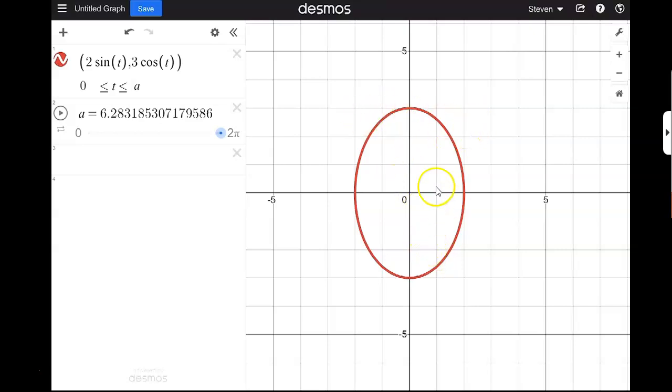So we actually have an ellipse here. This is actually the equation of an ellipse. So we can see the two places there at (0, 3) and (0, -3), where we have our horizontal tangent lines, and at (2, 0) and (-2, 0), where we have our two vertical tangent lines.